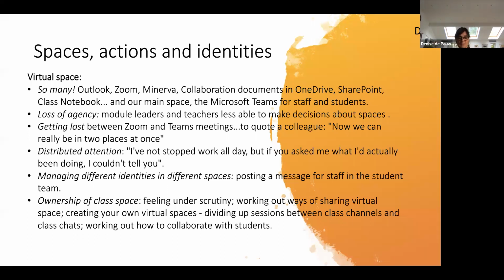And also this idea of managing different identities in different spaces. There's an overlap between the physical space where you are and the virtual space where you're working, and also the different virtual spaces. So we had sometimes staff accidentally posting messages in the student team that were intended for staff, and you know, that whole kind of your private self and your public self, or different public selves, that's much more complicated.